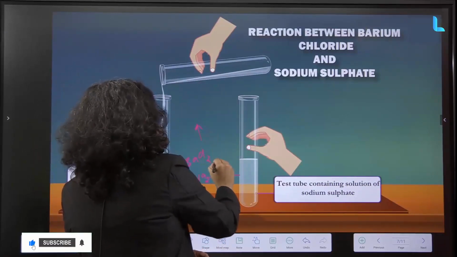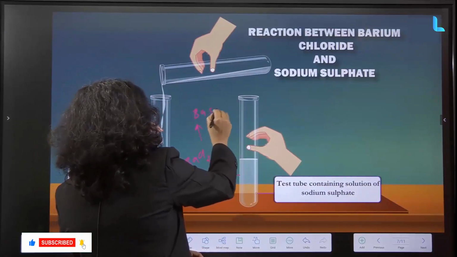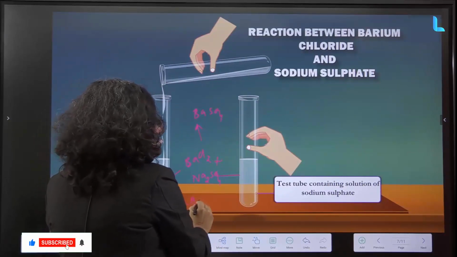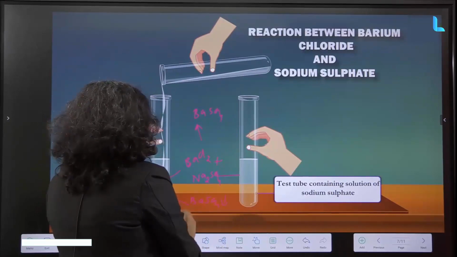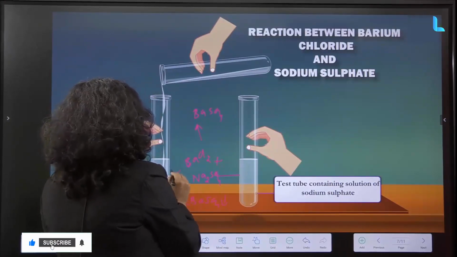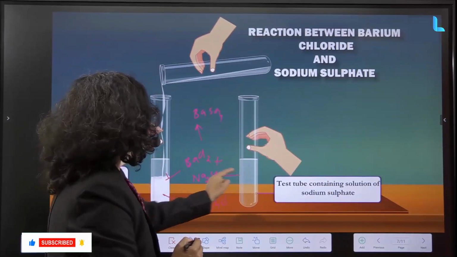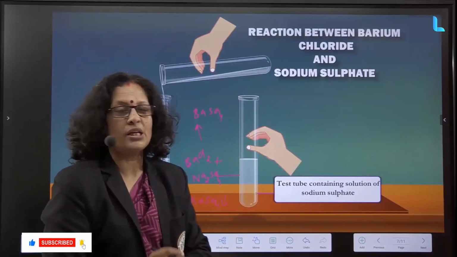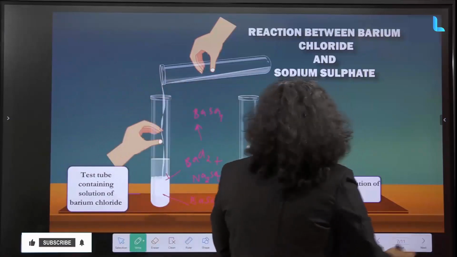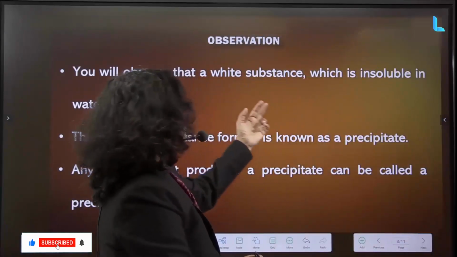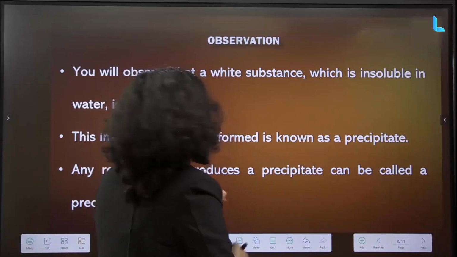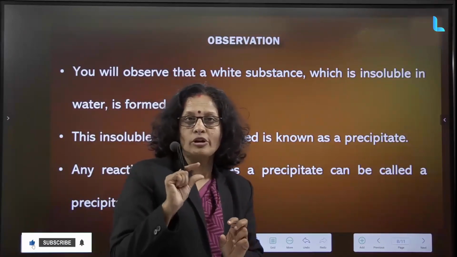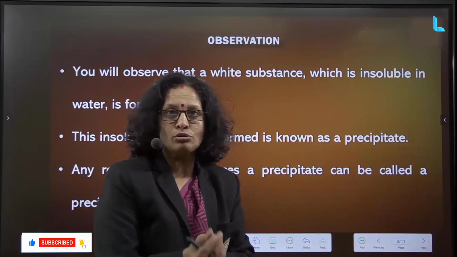This plus this, you are getting barium sulfate. So this white color precipitate is barium sulfate. Here this solution is barium chloride, this solution is sodium sulfate. When both solutions are mixed, you are getting a precipitate of barium sulfate. Now let's see here. You will observe that white substance is insoluble in water, not soluble in water, otherwise you would have got a solution. Those are solid crystals settling at the bottom due to gravity.